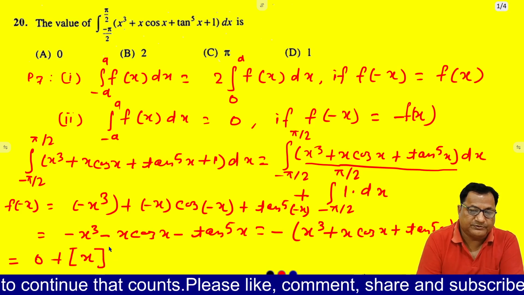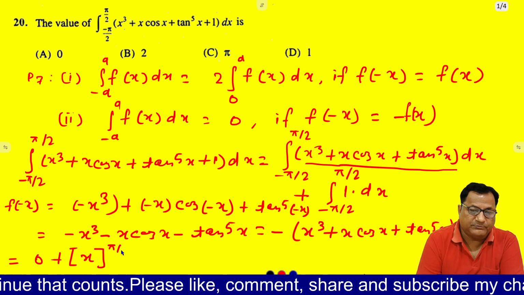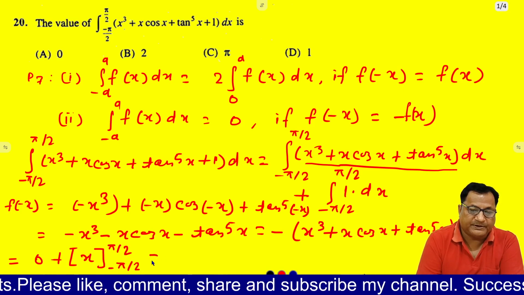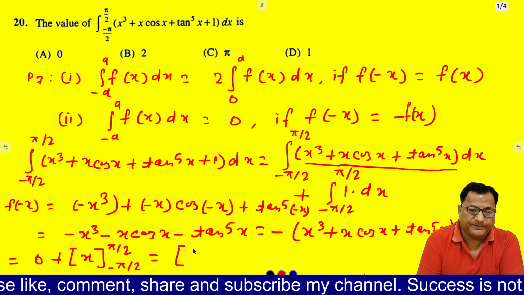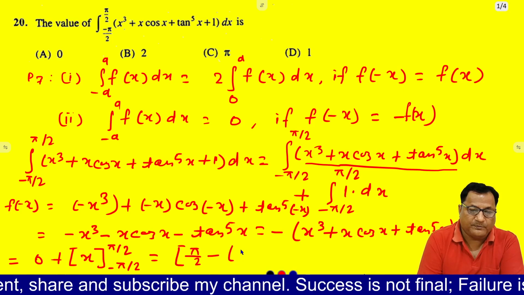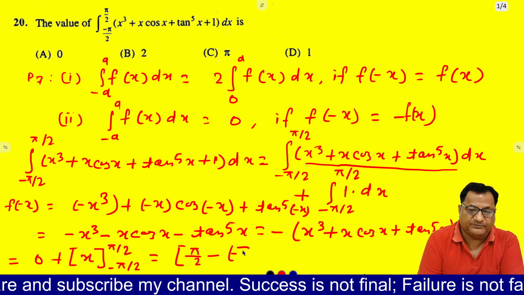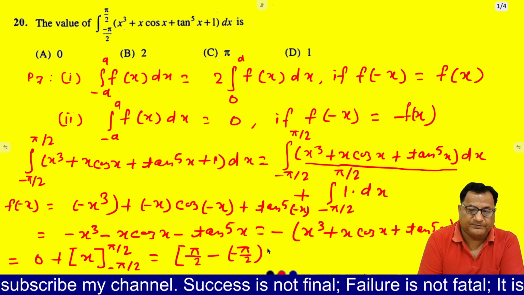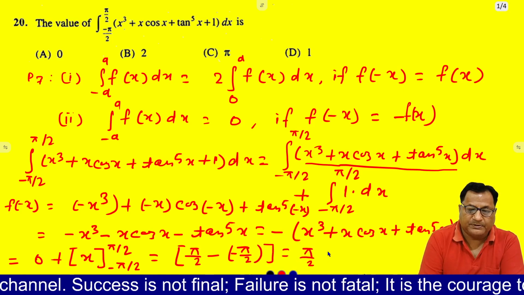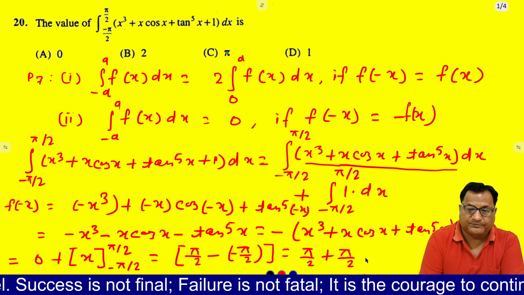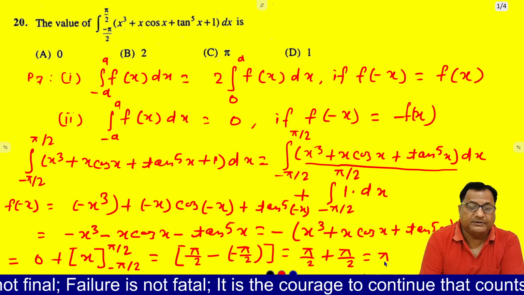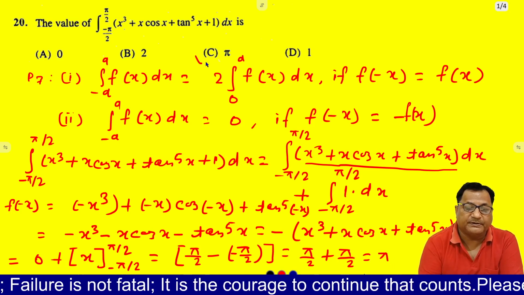So this is x from minus pi by 2 to pi by 2, equal to pi by 2 minus minus pi by 2, equal to pi by 2 plus pi by 2, equal to pi. So option C will be the right option.